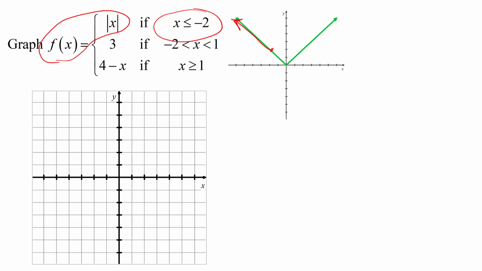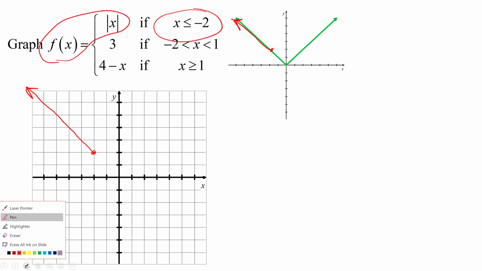So we want just this one little part of this, what we call a subgraph, to create our final graph here. And I'll transfer the red part that I've sketched in over to the main graph. Here we start at (-2, 2), and we copy the red part of our graph here. We go to the left and up.